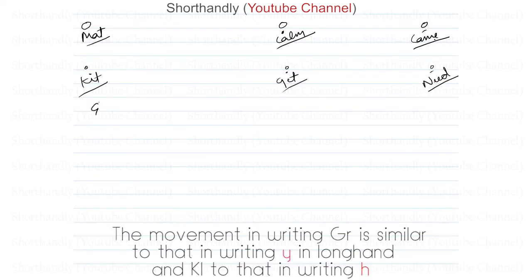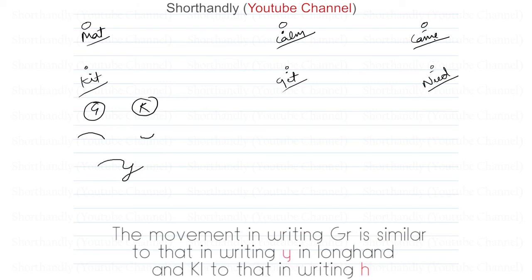So if we write the characters gay and R, then gay is made like this and R is made like this. It's saying that when we have to write these two characters together, they will be made similar to the Y character in longhand. If we write Y in longhand, it goes like this.